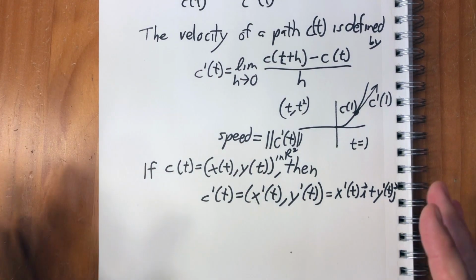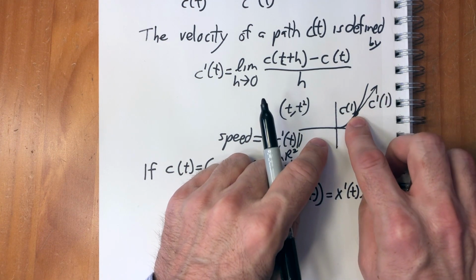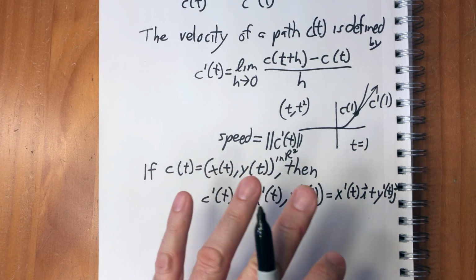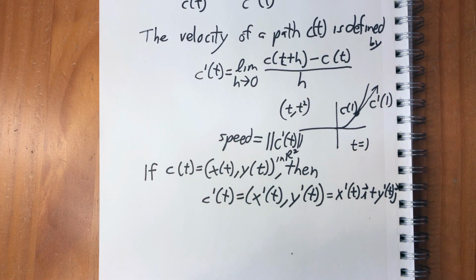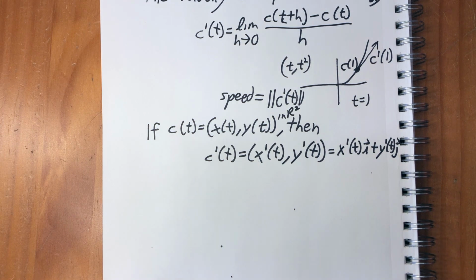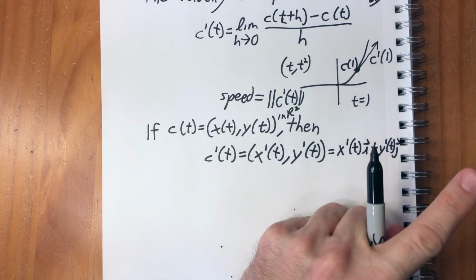It's important to recognize that we're not deriving the velocity vector, we're actually defining it this way. We're stating that if you take the derivative of each component function, we call that the velocity vector. And the velocity vector, importantly, gives us not only the rate of change, but also the direction of change.